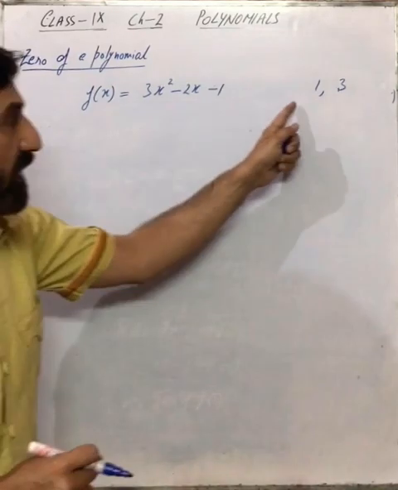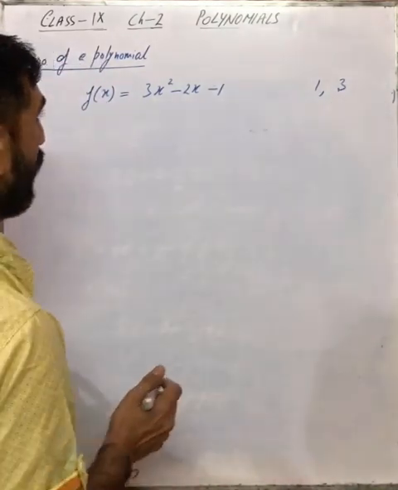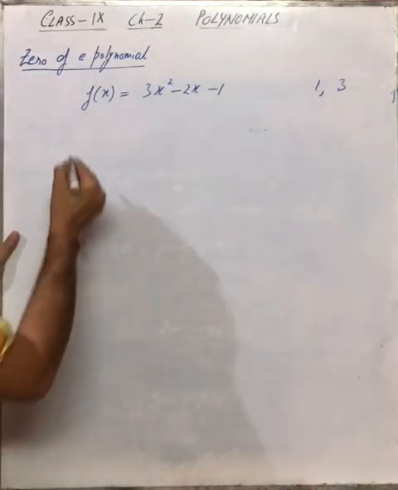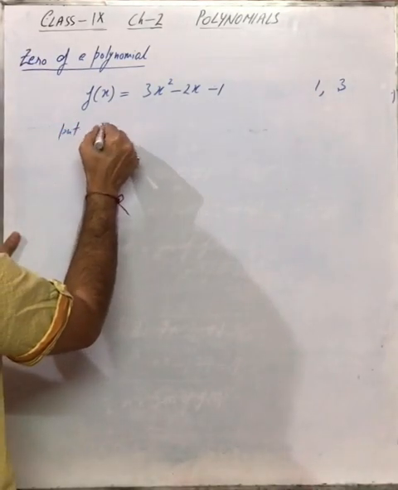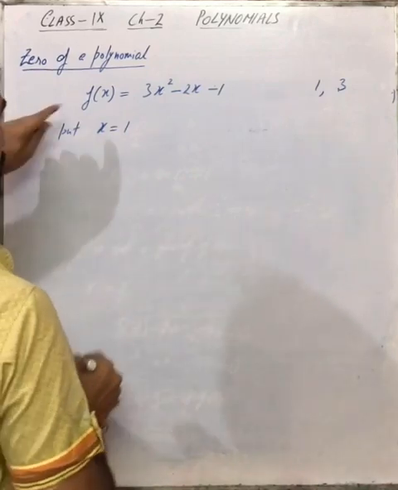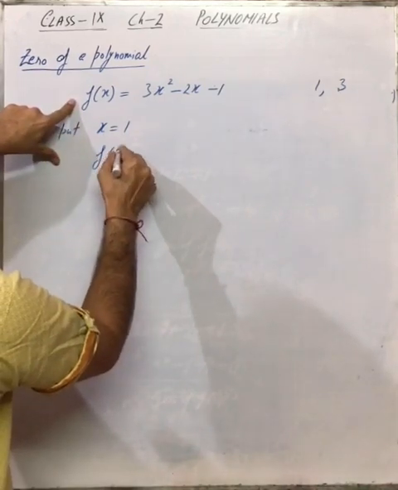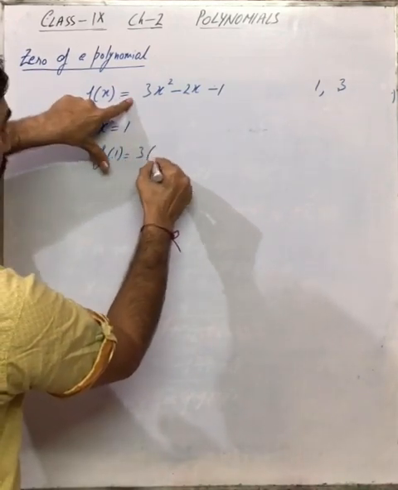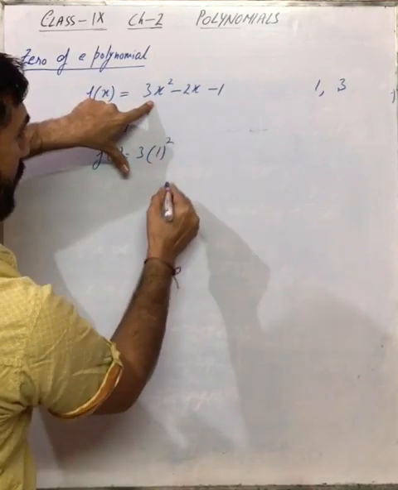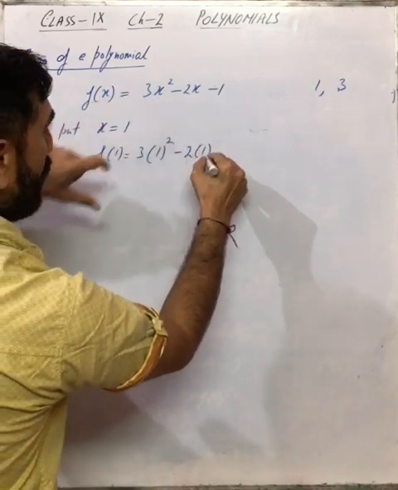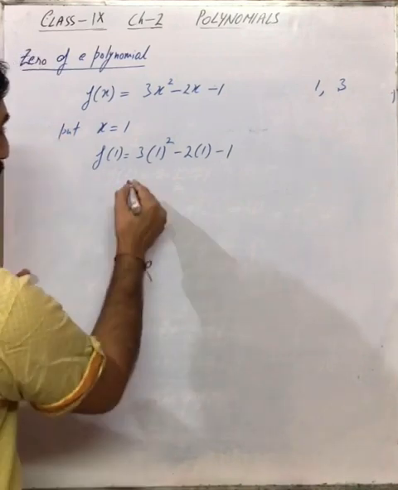Same method we will be applying. Put x is equal to 1. That means f of 1 is equal to 3, in place of x 1, minus 2 into 1 minus 1.